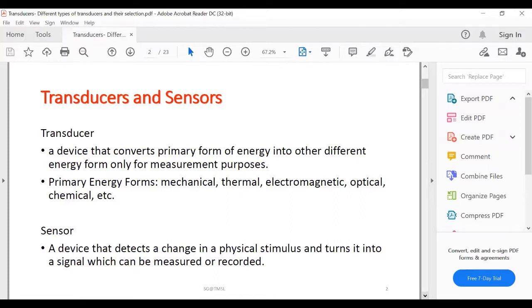Ideally, the relationship between the input and output should be linear. A linear relationship is not always possible, but the relationship should follow some rules like a logarithmic function or square law, etc.